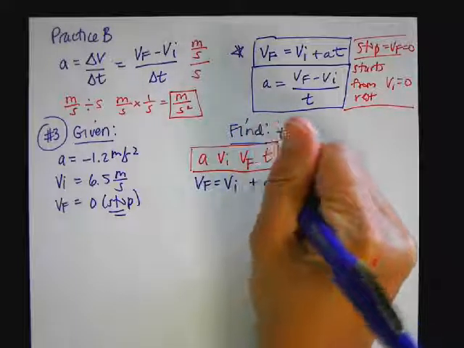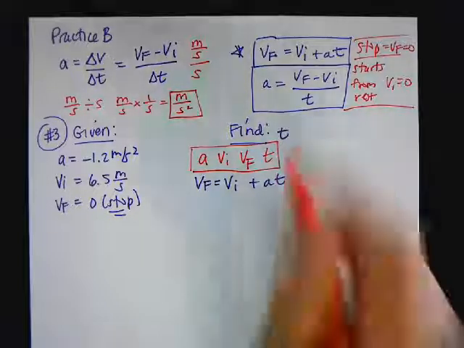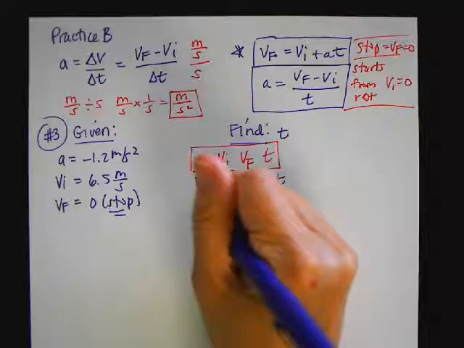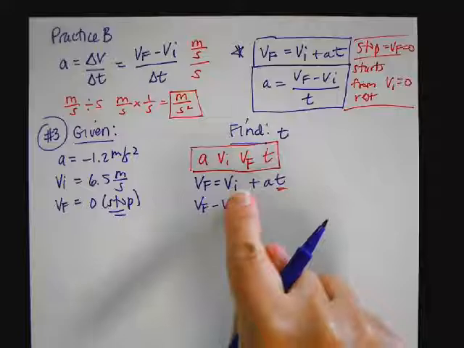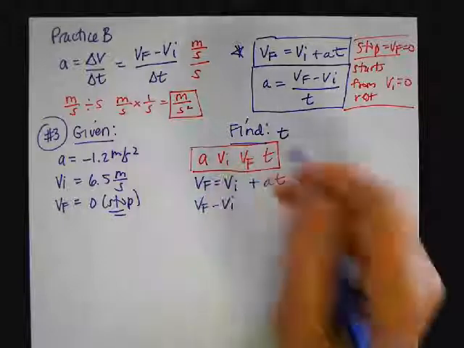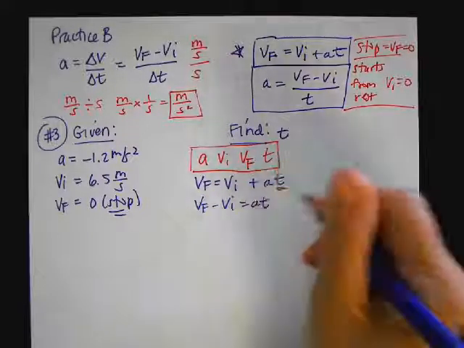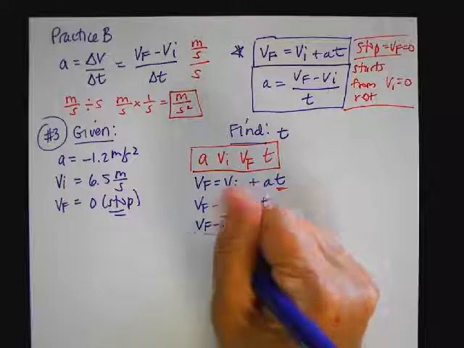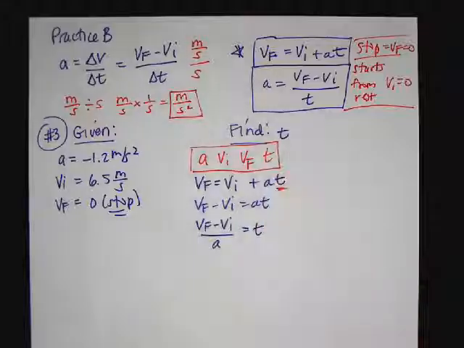I want to solve for T, so I'm going to rearrange the equation to solve for the unknown in terms of the known. So VF minus VI, I subtracted this, is equal to AT, and then one more algebra step: VF minus VI over A is equal to T. So I divided both sides by A.